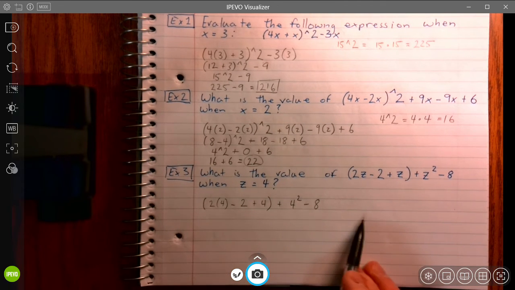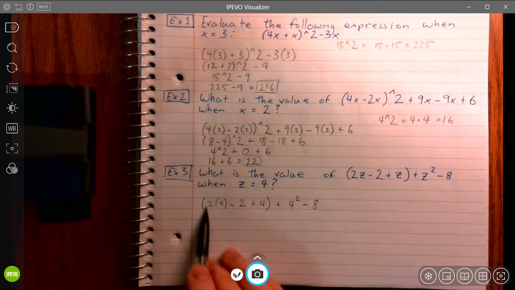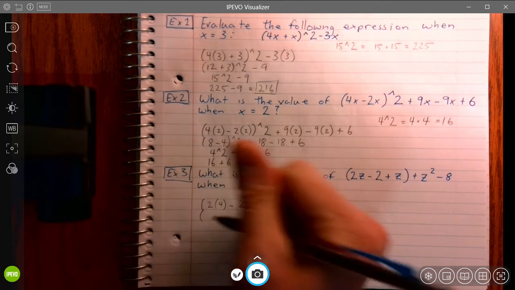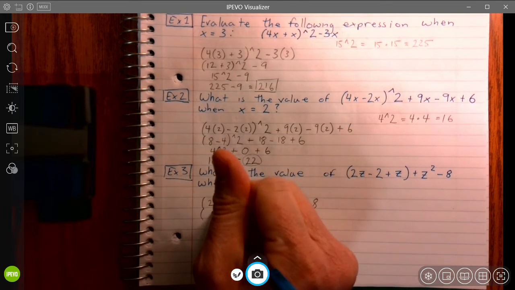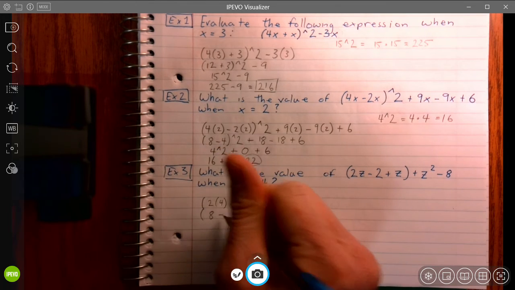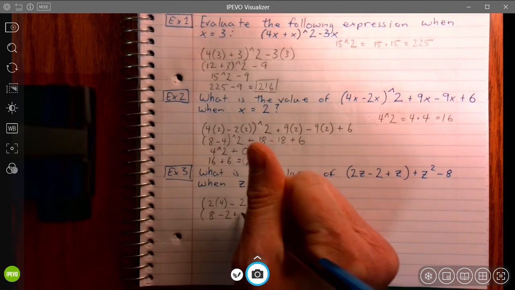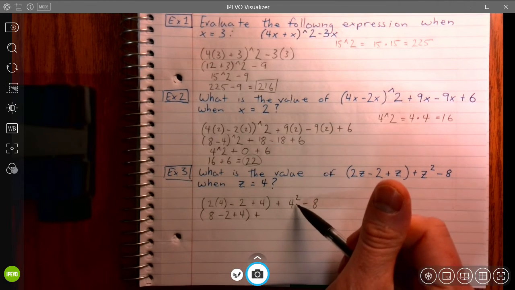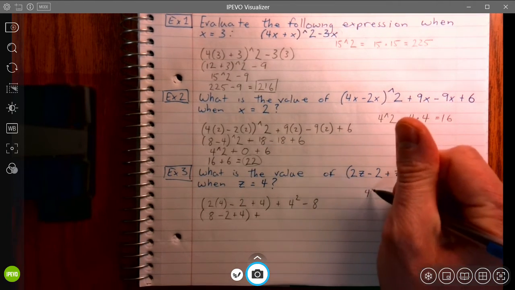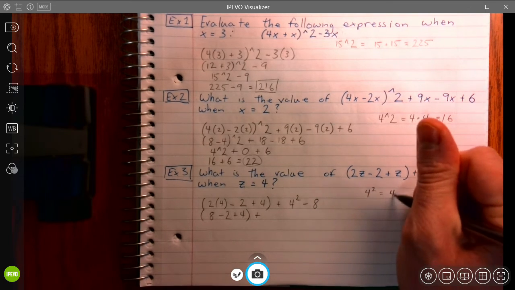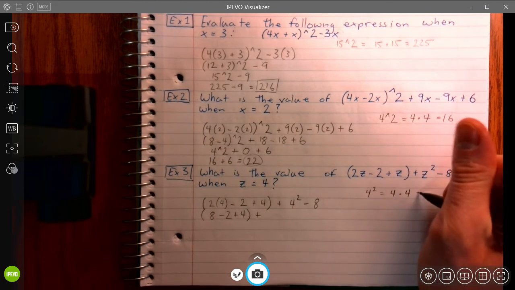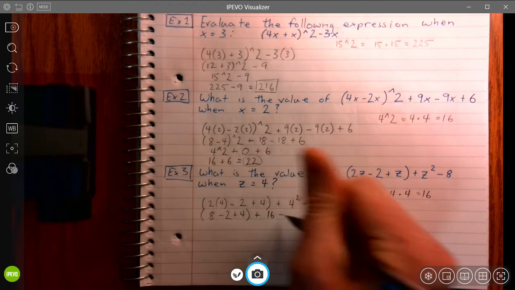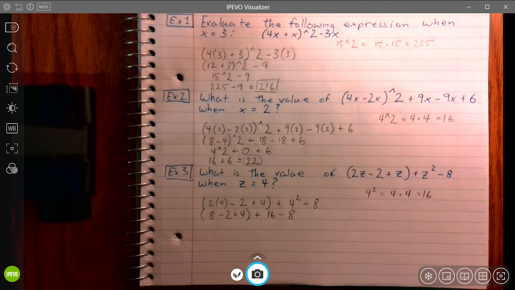So, first thing I ask myself, do I see parentheses? I sure do, right here. So let's start by cleaning up those parentheses. 2 times 4 is 8, minus 2 plus 4. 4 squared is equal to 4 times 4, which is 16, plus 16 minus 8.